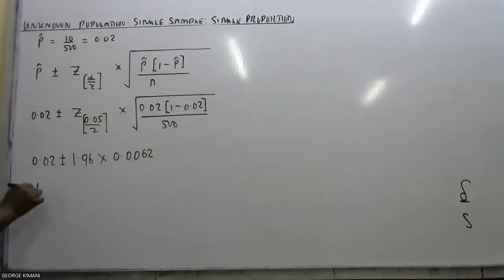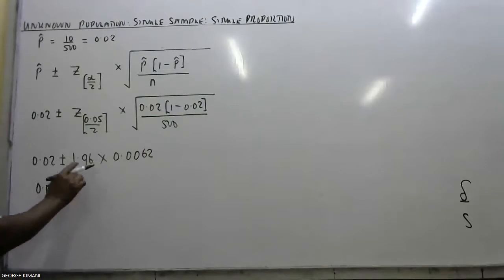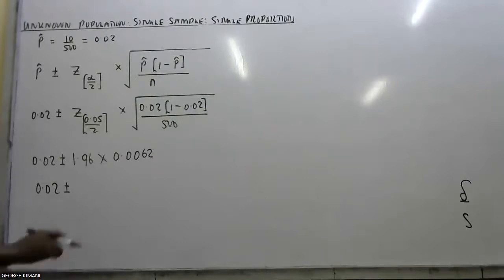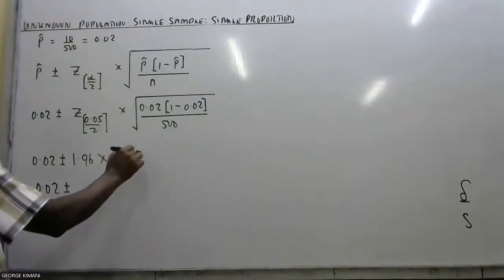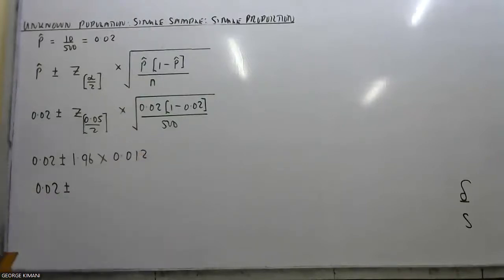0.02 plus or minus. Give me this now to be in decimals. 0.01. I've done directly 1.96 times 0.01.